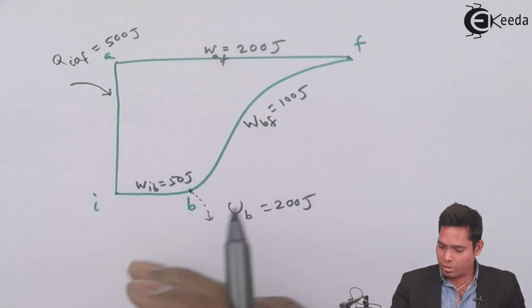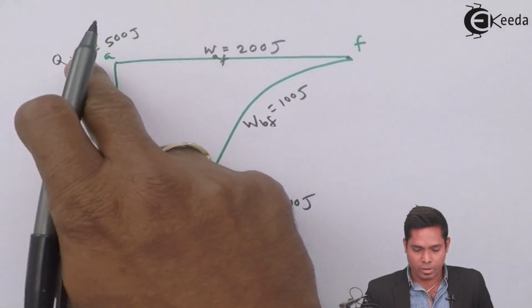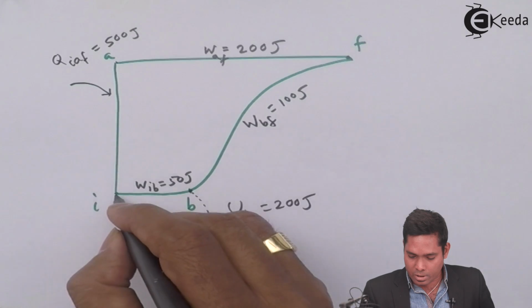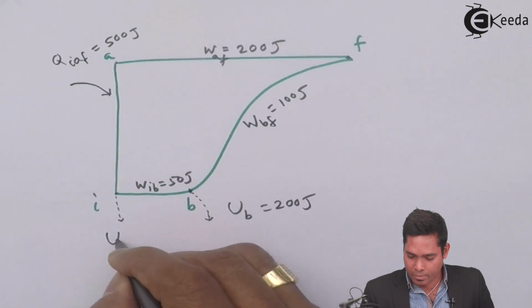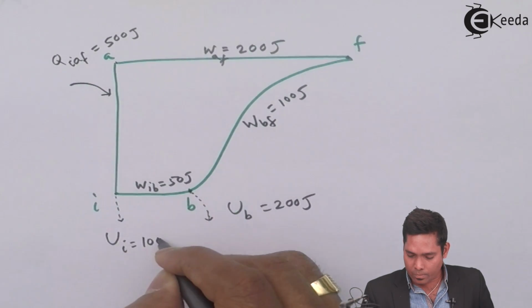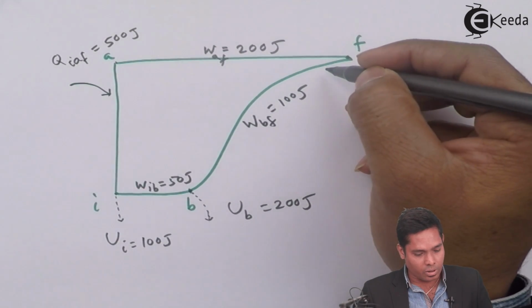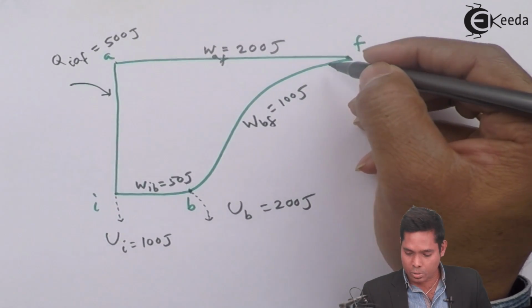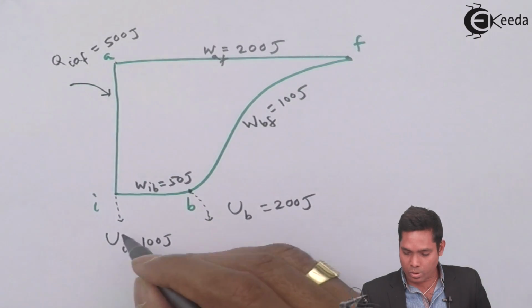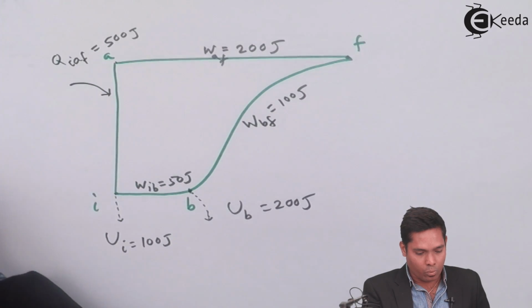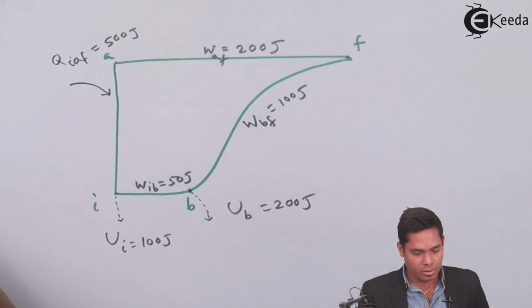So these are the work done values, and heat is given. UI, the initial internal energy, is given as 100 joule. U final is not given. So six data are given.